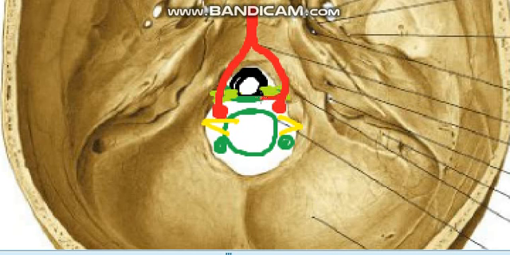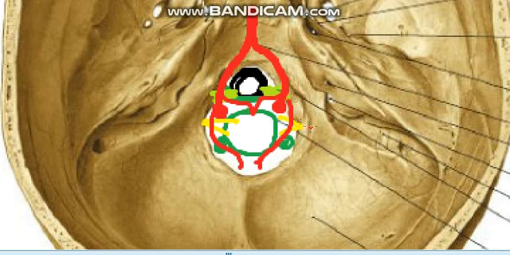So you have the anterior spinal artery passing down through the foramen magnum. You also have the posterior spinal arteries passing down through the foramen magnum. So the anterior spinal arteries, they unite to form a single one, and you have the posterior spinal arteries, they are also passing down through the foramen magnum.